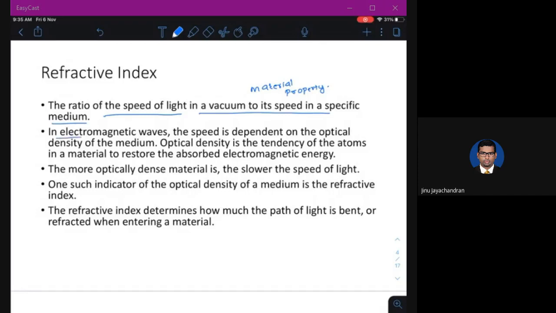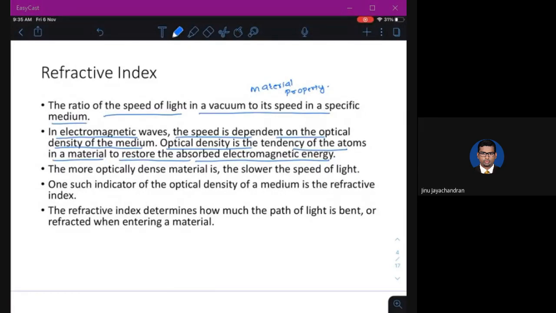In electromagnetic waves, the speed is dependent on the optical density of the medium. So what is optical density? Optical density is the tendency of the atoms in a material to restore the absorbed electromagnetic energy. When light passes through any material, there can be a change in speed, mainly because the light will be absorbed by the material.